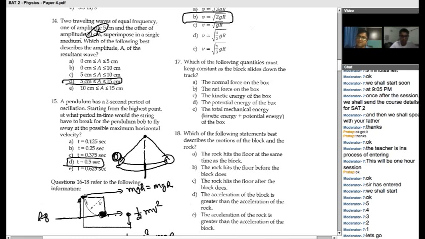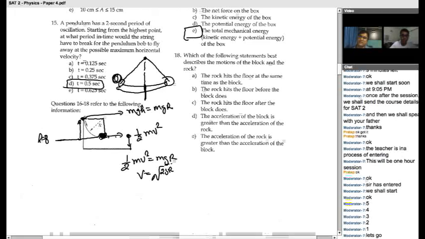That is the total mechanical energy. This is the law of conservation of energy. See, the thing is, when this particle reaches here, at point 1, the particle is released, and the rock is released from point 2.